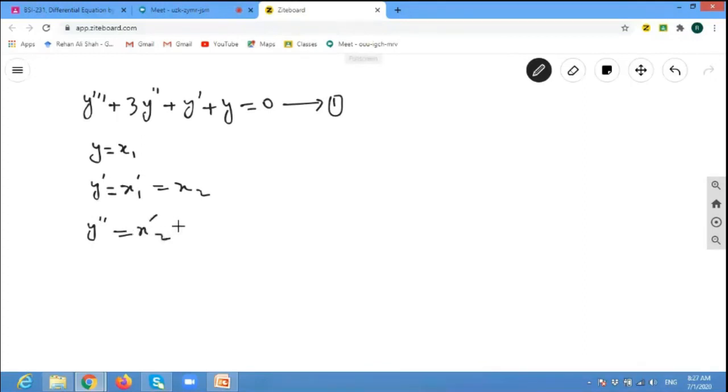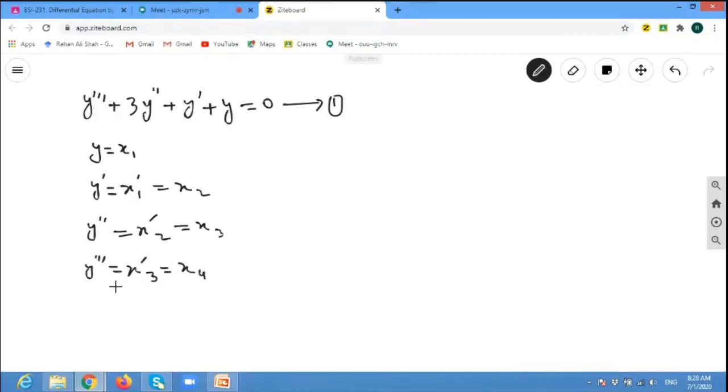Let x2 dash be equal to x3. Y triple dash will be equal to x3 dash, which we suppose is equal to x4.